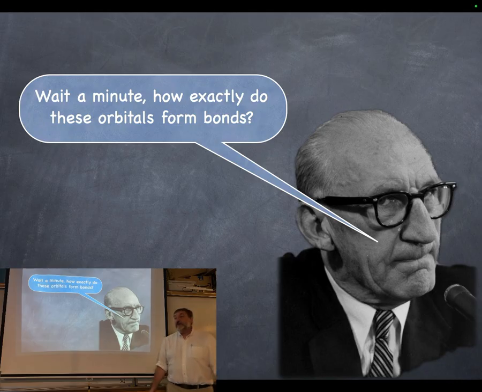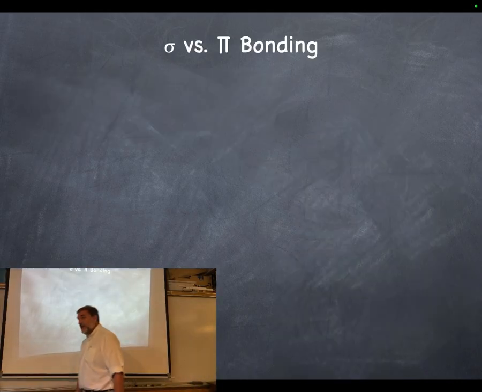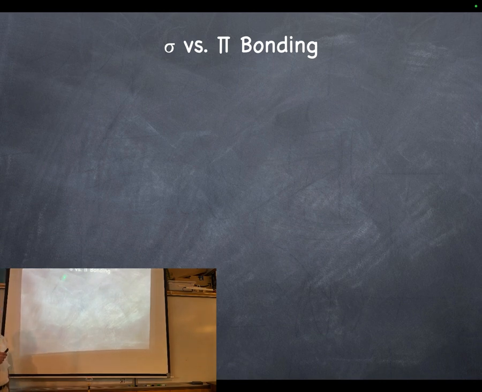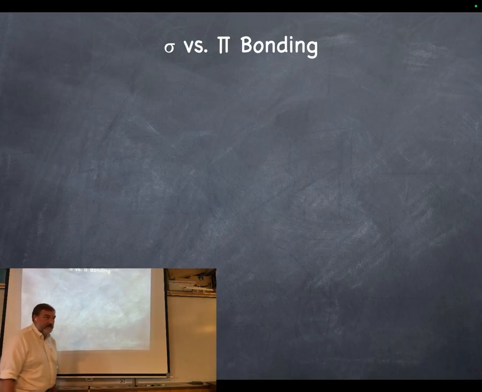Okay, so the last piece of this puzzle is understanding the difference between what we call sigma. I know, you guys invented a whole slang meme thing that happened to reference a Greek letter that we use a lot in science. So sigma versus pi bonding. Okay, sigma versus pi bonding.